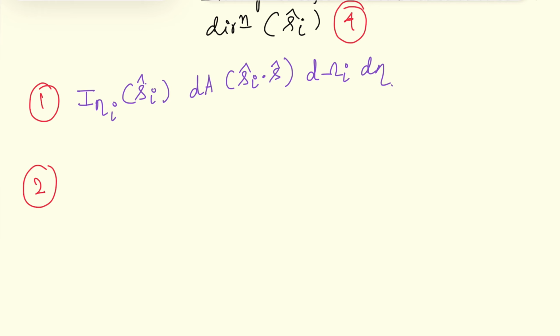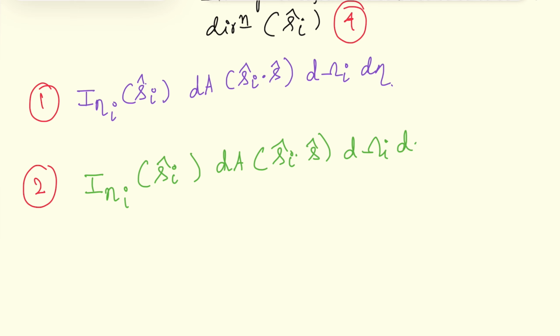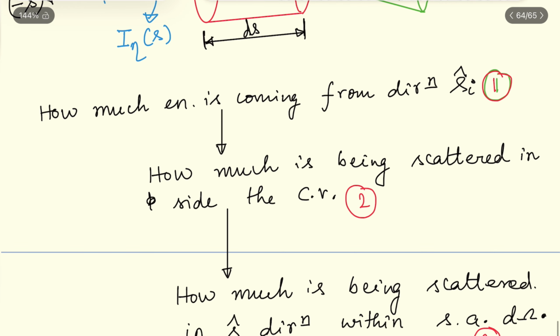So this part 2 will be dA SI dot S, multiplied with the scattering coefficient and with ds by SI dot S. So this I can cancel out. Fine, I have found out this part 2.